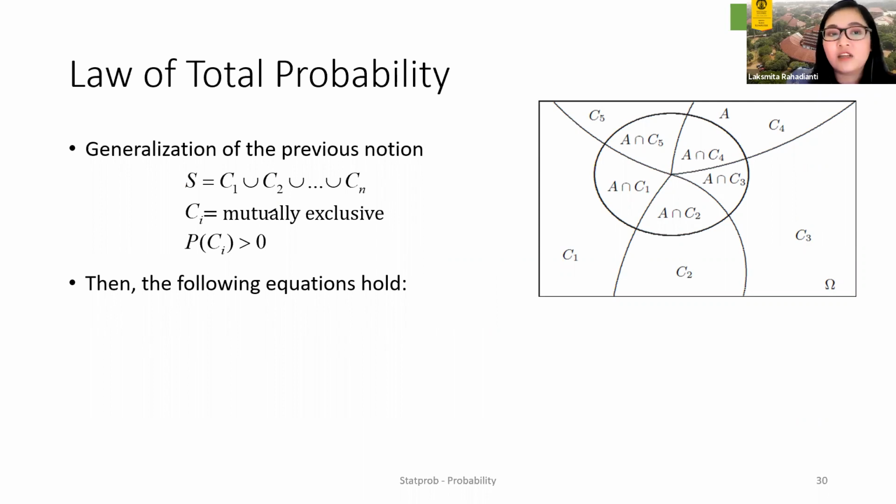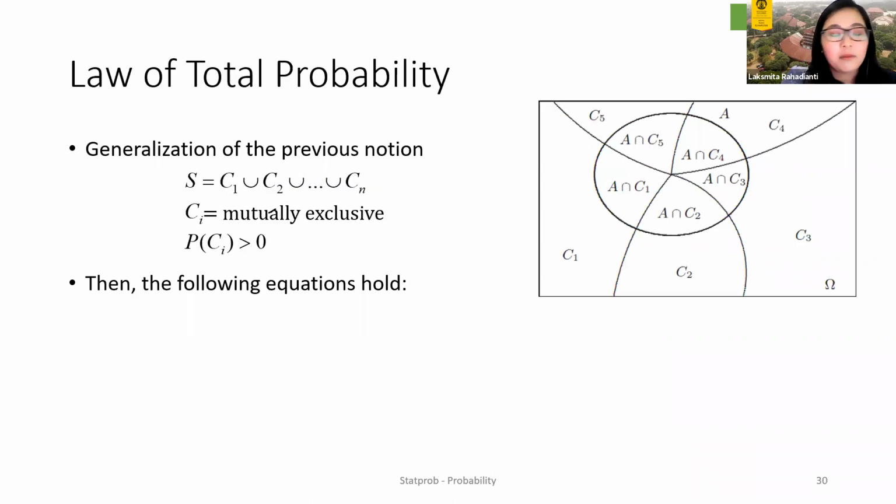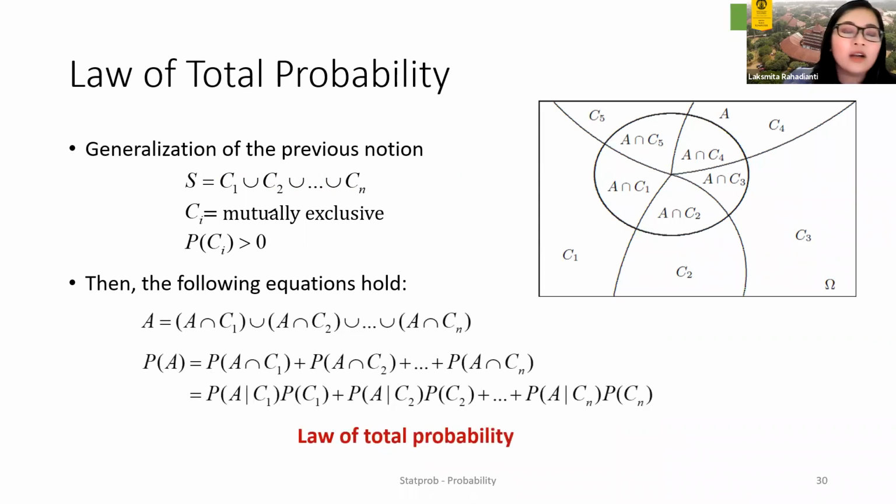Assume that each of these conditions are mutually exclusive. Like the previous one, the accident prone and non-accident prone are two mutually exclusive things. So here we're talking about this event A.